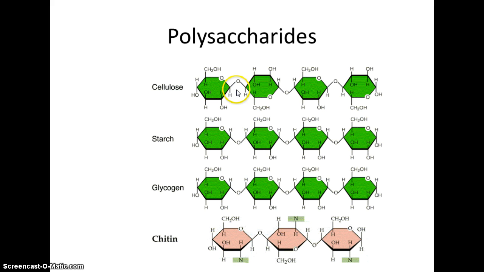Bonds allow for cellulose to become a structural polysaccharide that makes up the cell walls, whereas starches and glycogens are really used for the processing and storing of monosaccharides for energy. So here we have a classic example of how you can change the type of bond between them, and it changes their structure. Starch makes a more tubular shape, and glycogen makes a more branched shape.